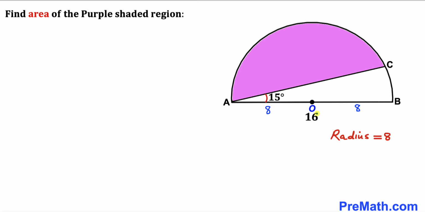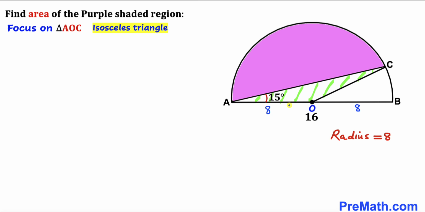And here's our next step. Let's connect this center O with this point C, as you can see in this next diagram. As a result, we got this triangle AOC. This triangle AOC is an isosceles triangle, since this is our radius, and likewise OC is our radius as well.